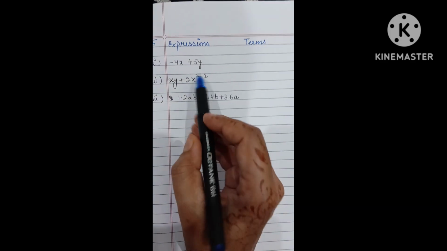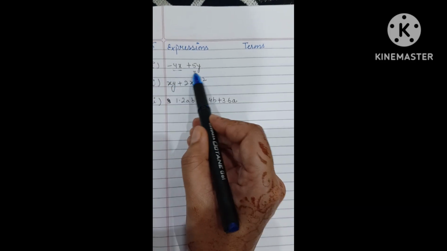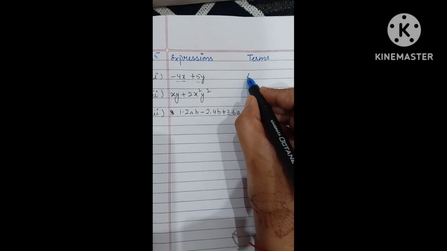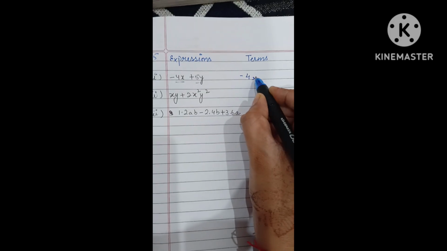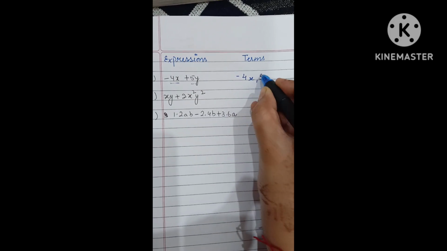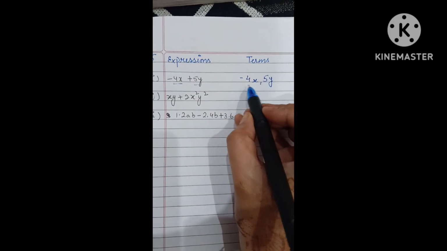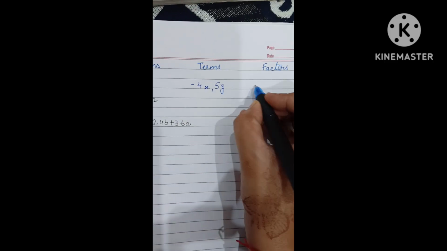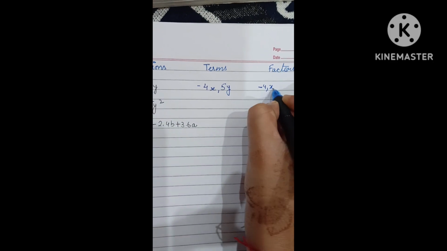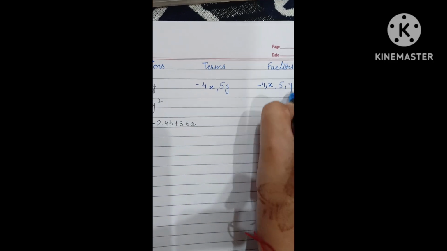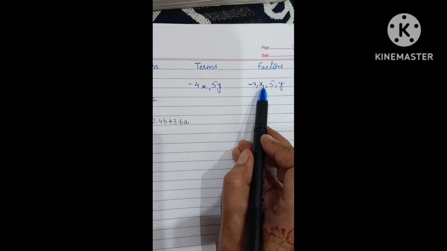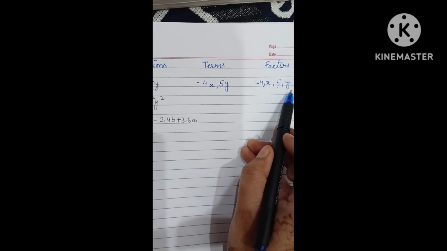How many terms are here? Minus 4x and 5y. So I will write in place of terms minus 4x comma 5y. And the factors are minus 4 comma x comma 5 comma y. These are the constants and the variables I have separated.